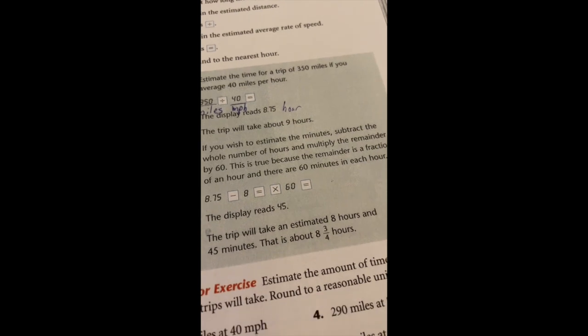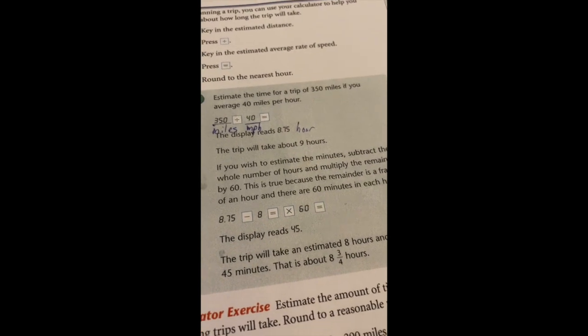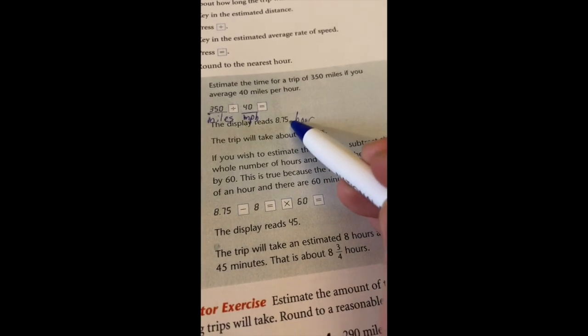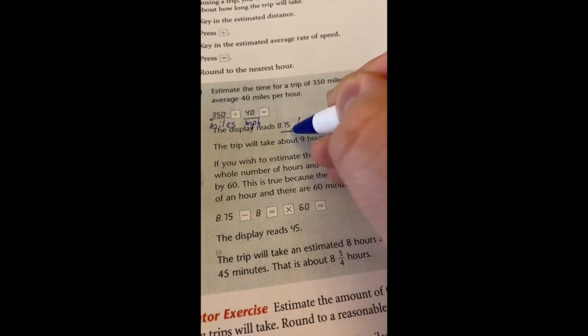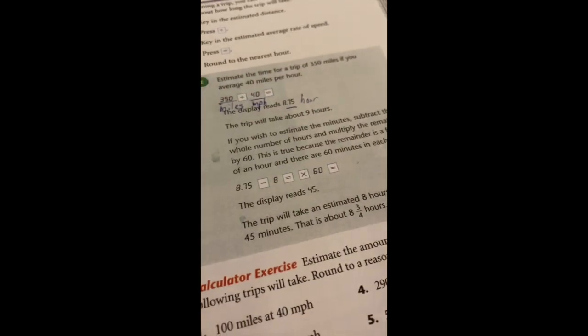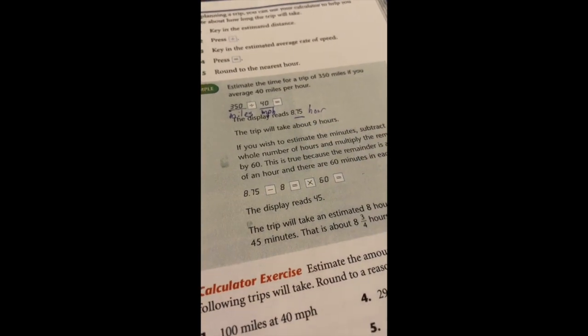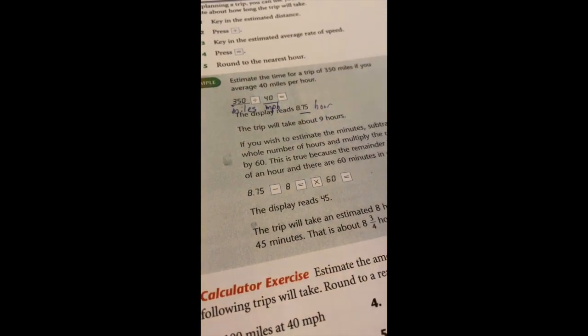However, if you want accuracy, then what you have to do is follow this next series of steps here, and you can use that portion, including the decimal point, and transform it into minutes. And here's how we do it. As I've said, we only need to focus on that part of the decimal. So what we have to do is get rid of that whole number there, in this case 8.